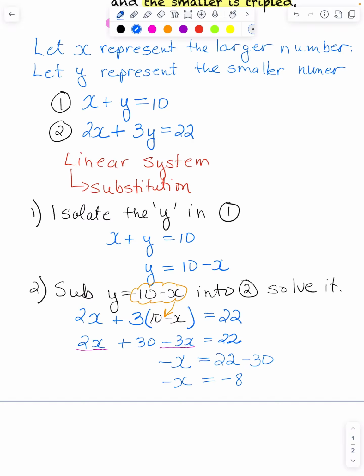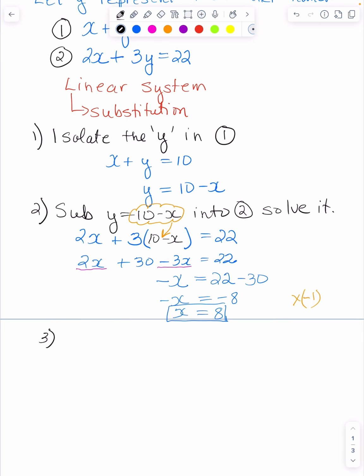So how do I get rid of the negative sign? What I'm going to do is multiply both sides of the equation by negative 1. And when I do that, I will have an answer of x equals 8.